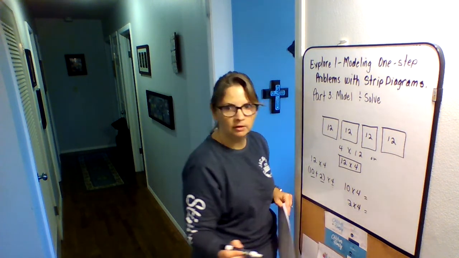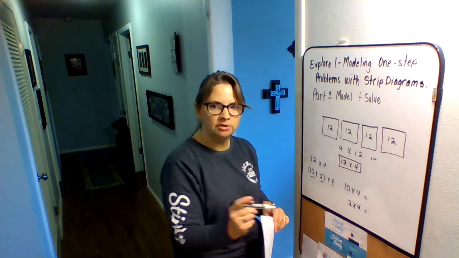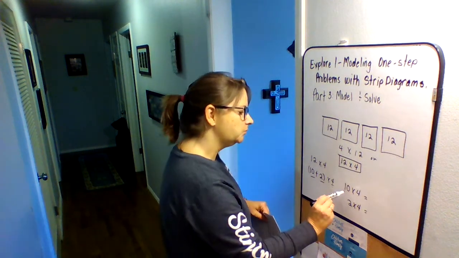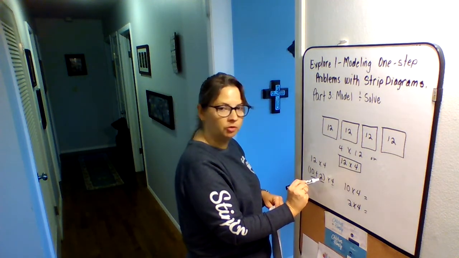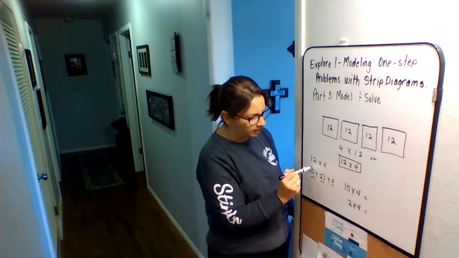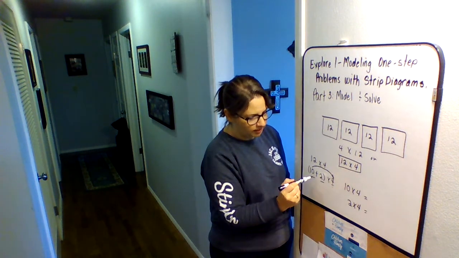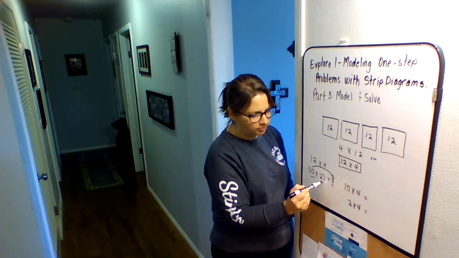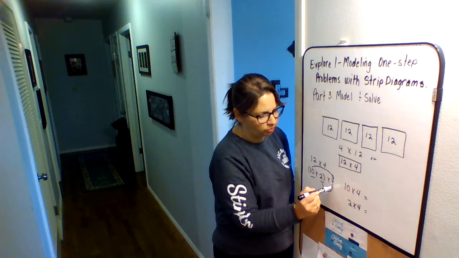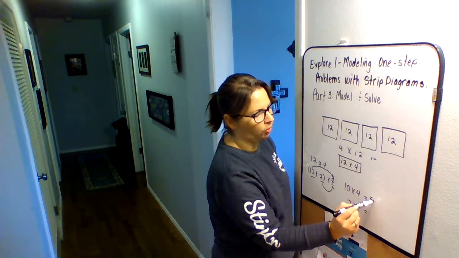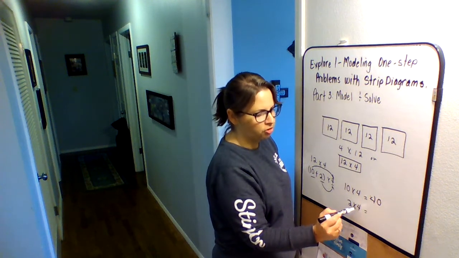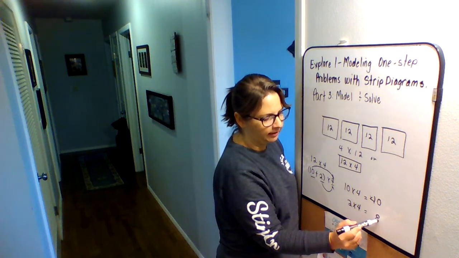Zoom it in. Moms and dads, this is called distributive property. We're taking the place value. 12 is 10 plus 2. We can multiply the 10 times 4, and then we can multiply the 2 times 4. 10 times 4 equals 40. 2 times 4 equals 8.